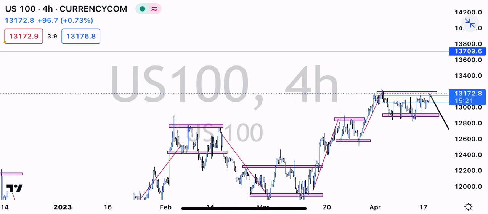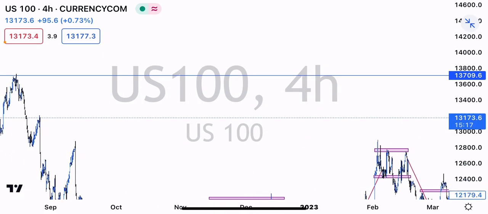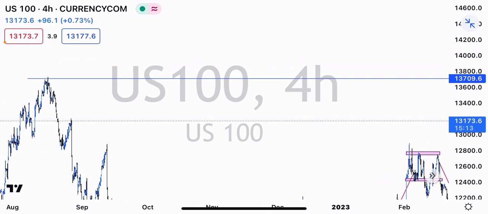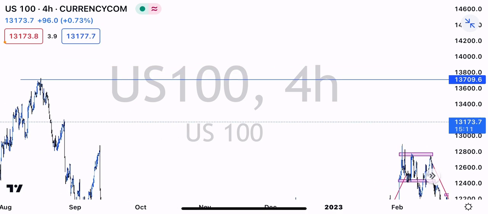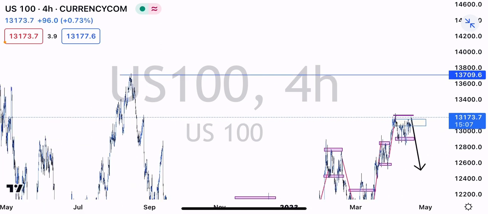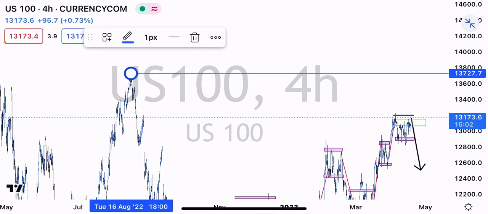I know there is this zone here, which we believe that the market has to come to. But the market doesn't behave like that. It doesn't want to work on our time, whereby we believe that it has to come all the way up here. No, it doesn't work like that. It's going to take time, a lot of time, months, days.